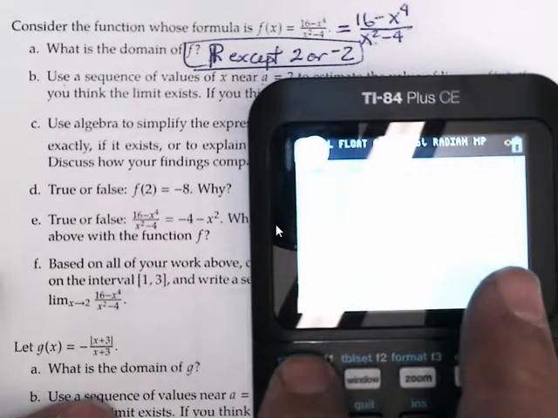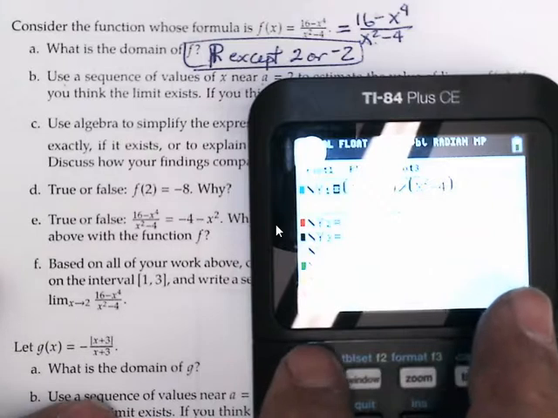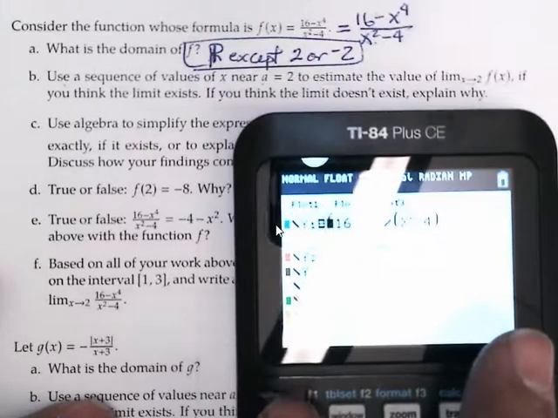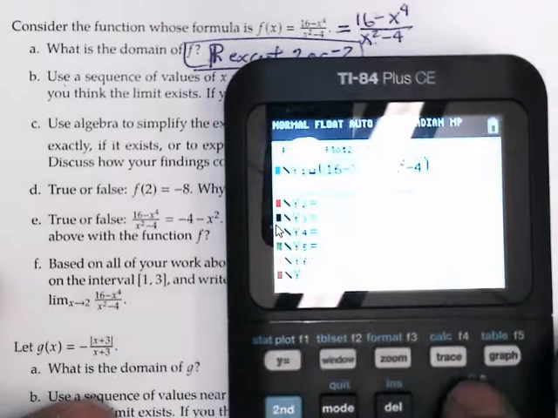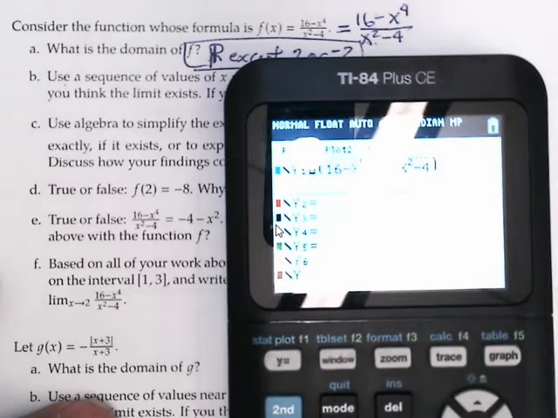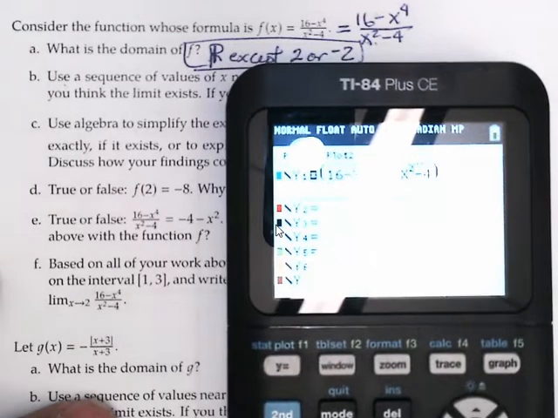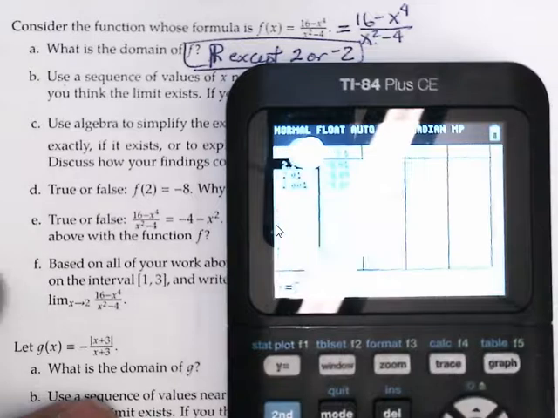Huh. Did I type this in right? Oh, I forgot to put x to the 4th. I didn't recognize these answers. My mistake. 16 minus x to the 4th. Okay, now let's go to the table.